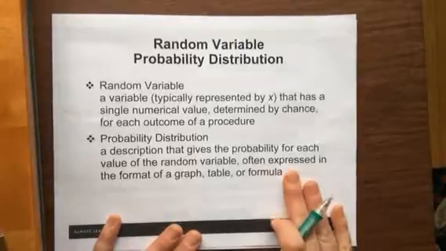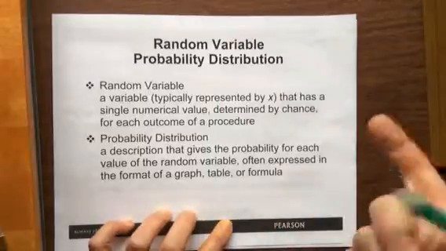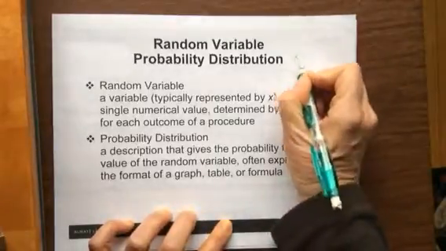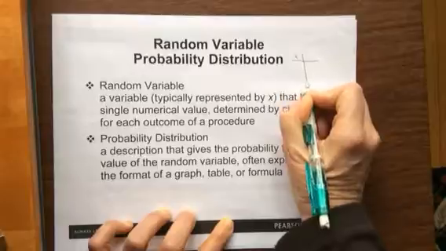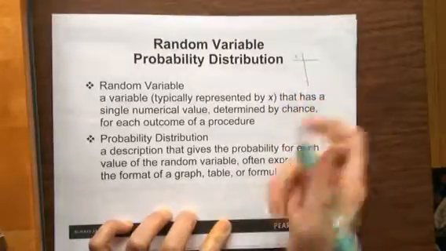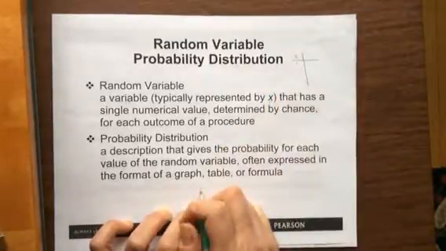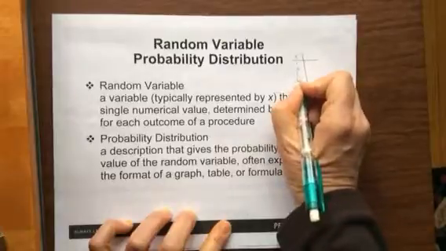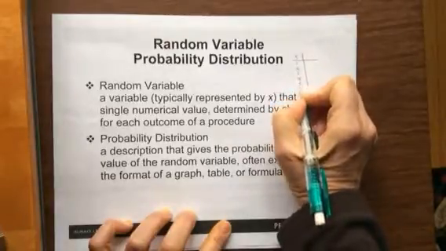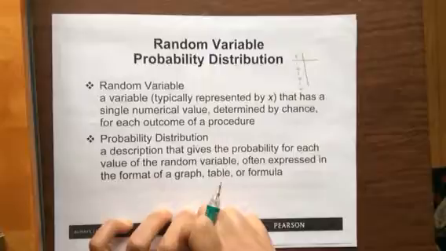It has to be a numerical value. If we thought about rolling a die, one of our possible outcomes for x is the number 1. But so is the number 2 and 3 and 4 and 5 and 6. They're all possible outcomes, and they would be represented by the variable x.